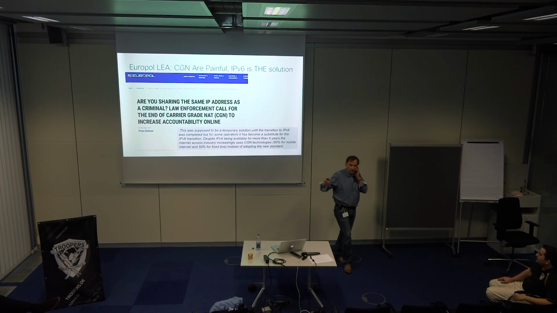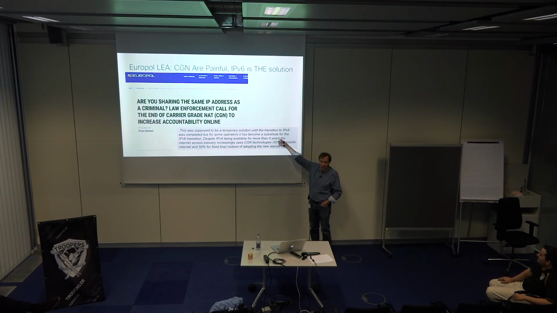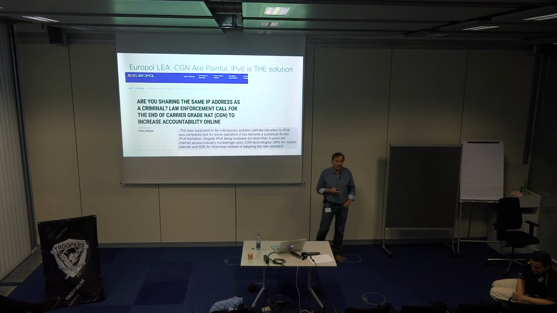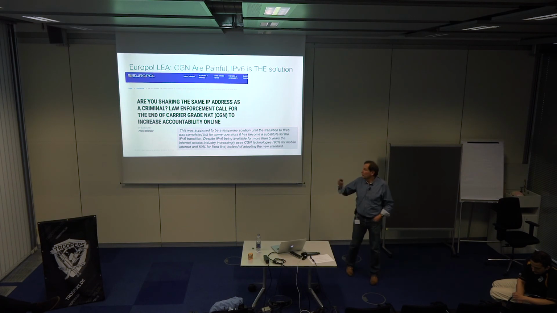In the statement, you will see CGN was supposed to be temporary, but it's not the case so much. IPv6 takes longer to be deployed, and we see much more deployment. As you said, Europe and the US are leading, and India as well. So I'm trying to present that and convince that IPv6 is important, but not enough.